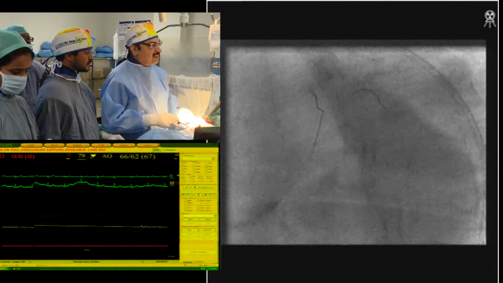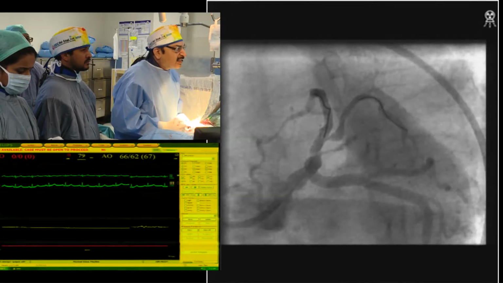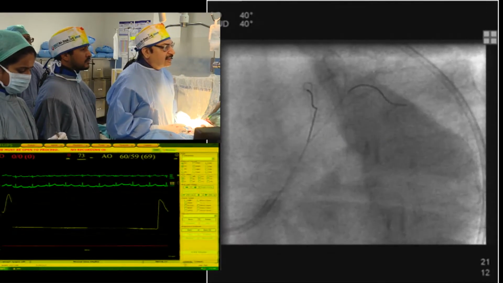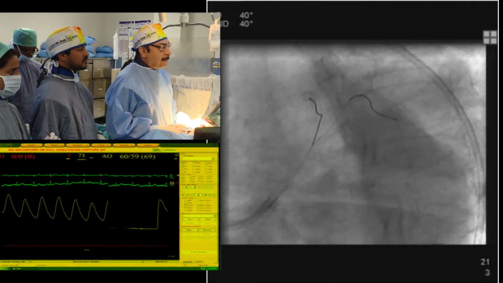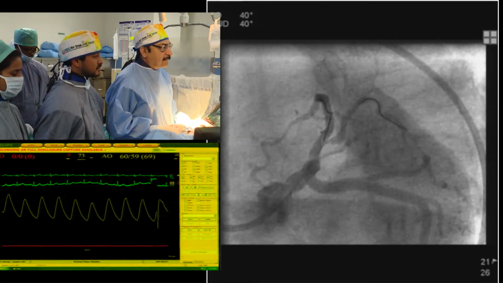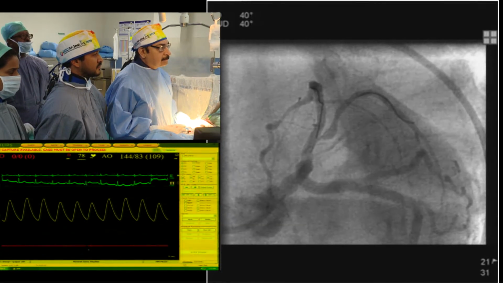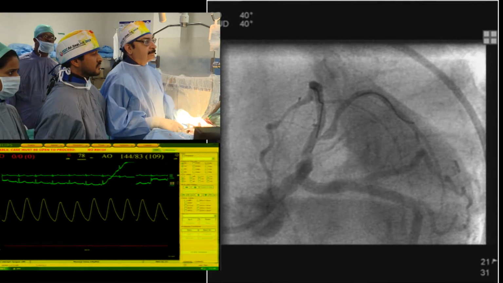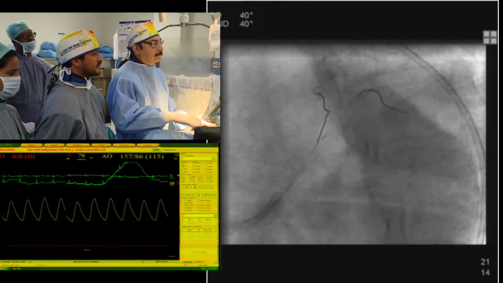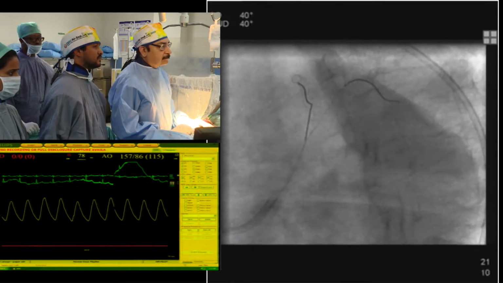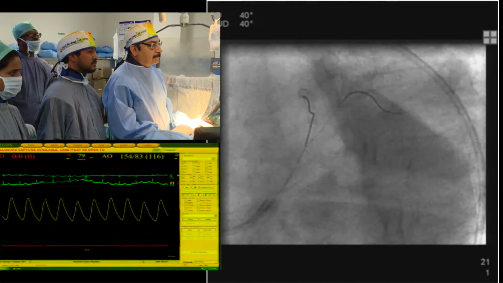So if there are any comments from my co-chair and my panel, then maybe we can finish off with Dr. Jeffrey's comments, please. Yeah, I think this is a quite challenging angulation of the big diagonal, and I think it was wired nicely. But if you do not succeed with just wiring like this, you might consider using the Crusade because the angle is almost 90 degrees.